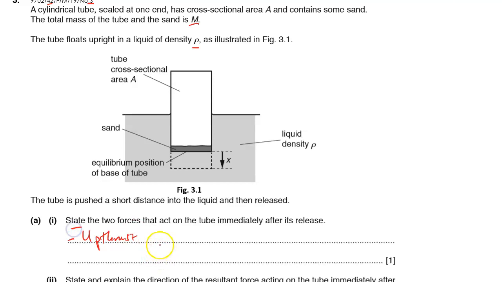You don't need to explain, but I can explain where the upthrust comes from. Since we are told the mass is M, the weight will be the mass times g.